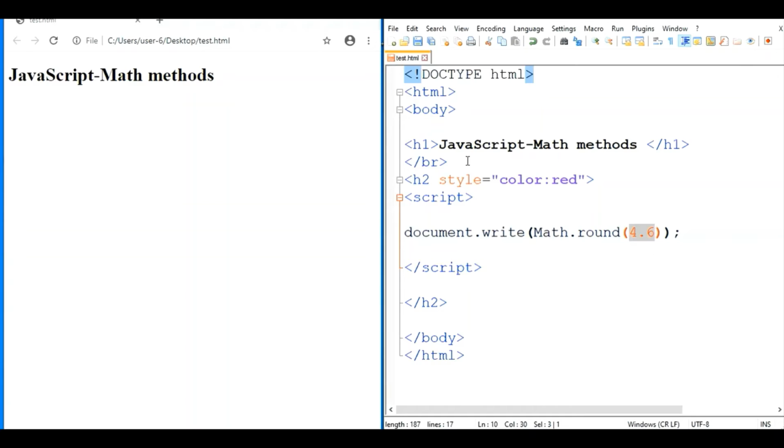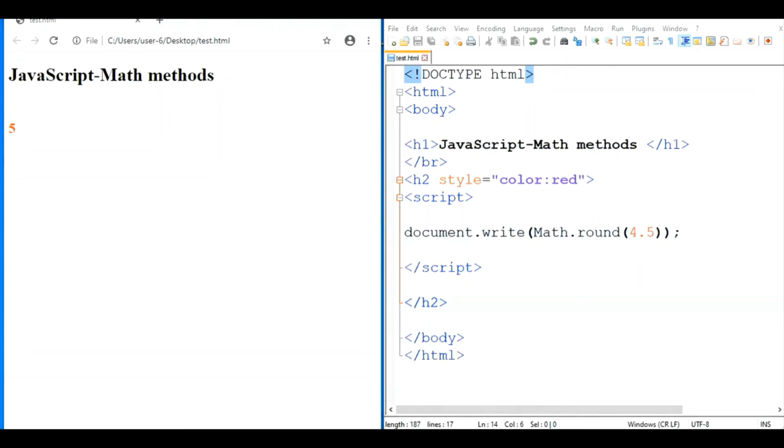It crossed 4.5. Now 5 is the answer. If this value is 4.1, now the answer is just 4. Let's also try for 4.5. Now it should give 5. The round method rounds the number to the nearest integer.